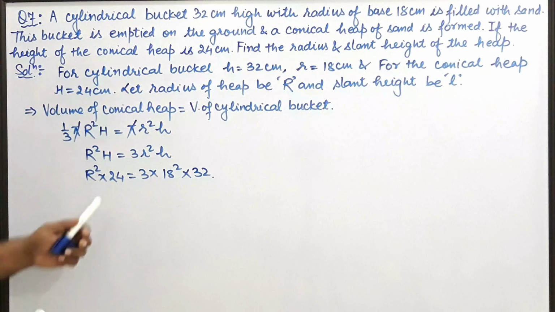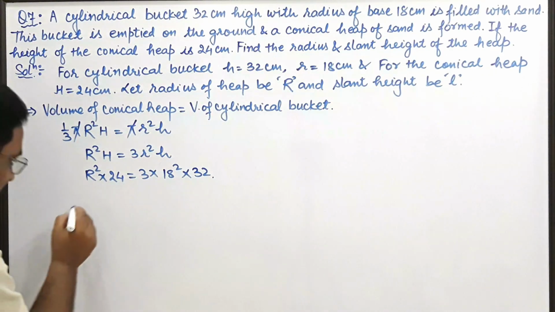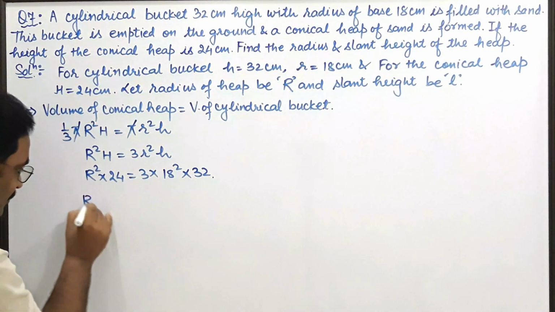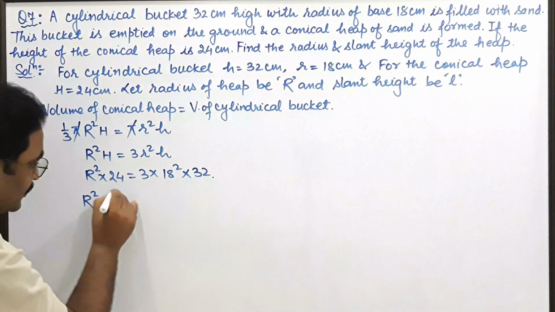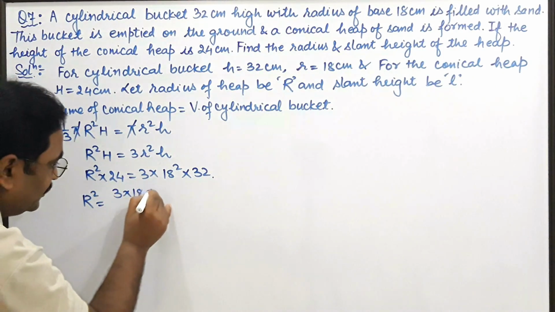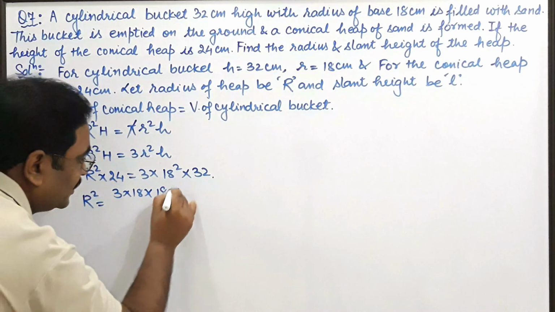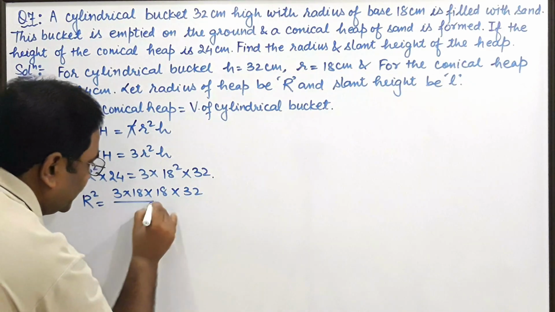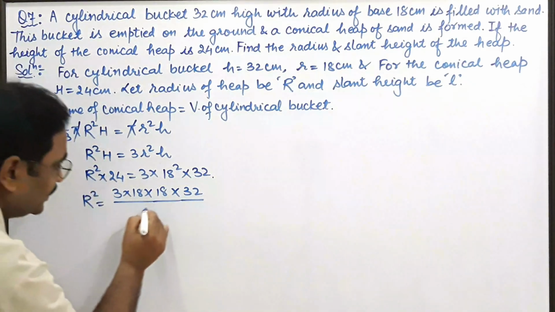So let us simplify it. This can be written as R square is equals to 3 multiplied by 18 square multiplied by 32 divided by 24.